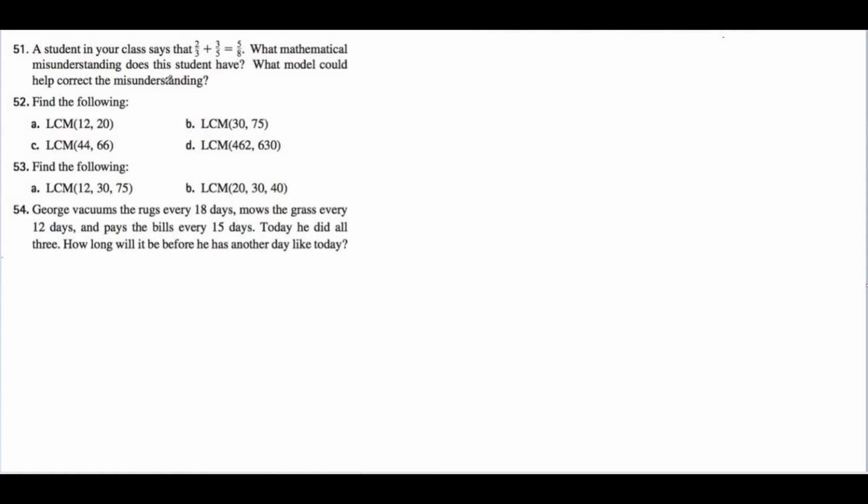This next one, since we're working with least common multiples, you might guess that that's what we're going to look at, because he vacuums the rugs every 18 days, mows the grass every 12 days, and pays the bills every 15 days.